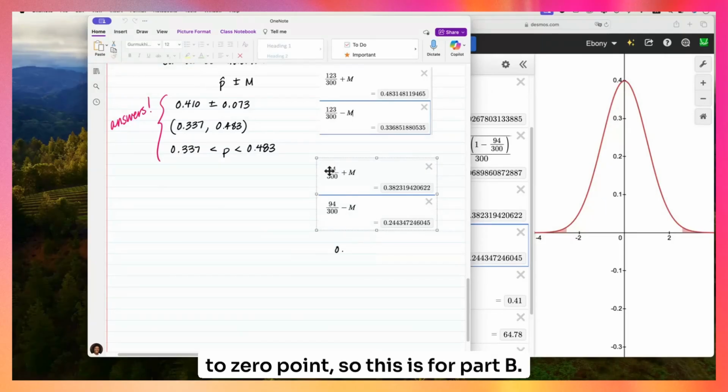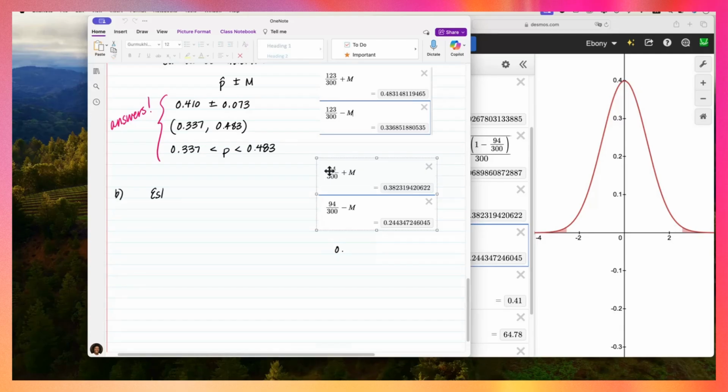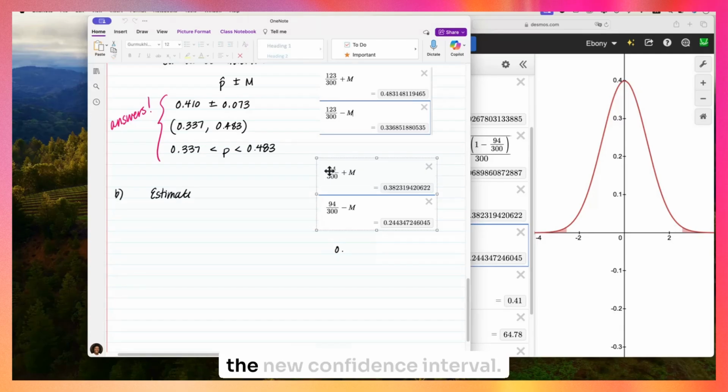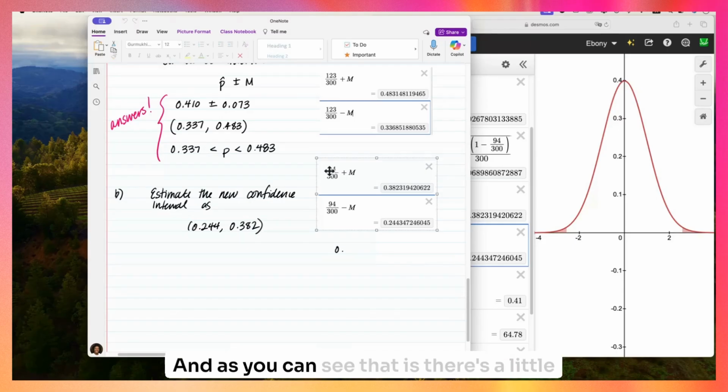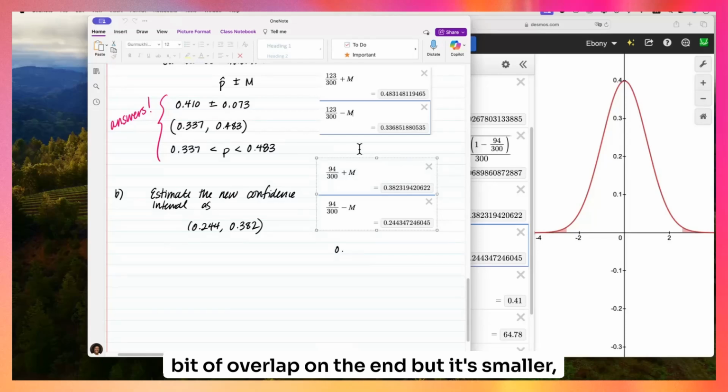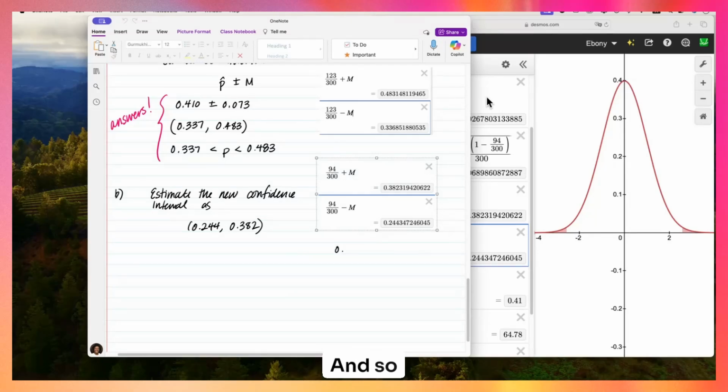So this is for part B. We'd estimate the new confidence interval as 0.244 and 0.382. And as you can see, there's a little bit of overlap on the end, but it's smaller, right?